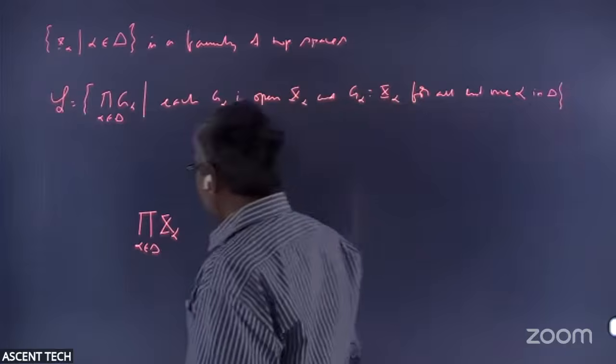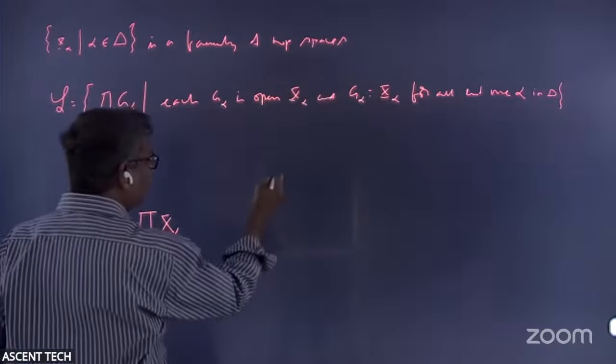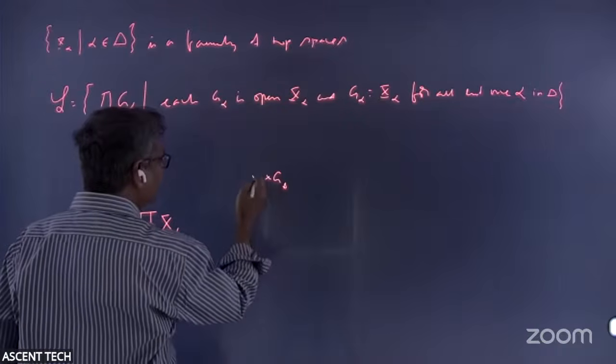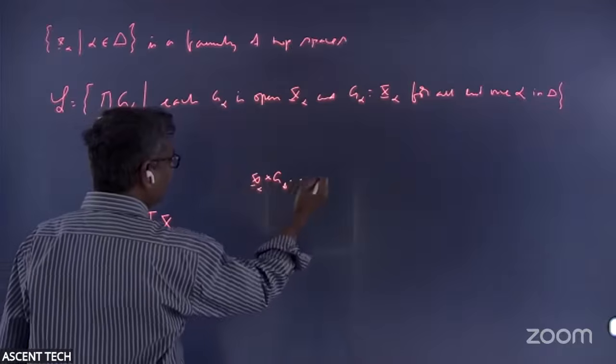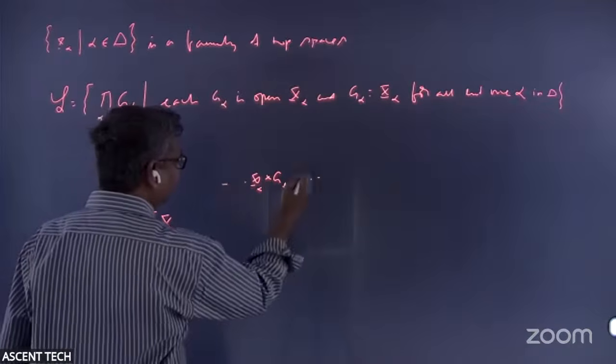So I have taken one component to be some G beta, and the rest of them are X alphas, everywhere else is X alpha.